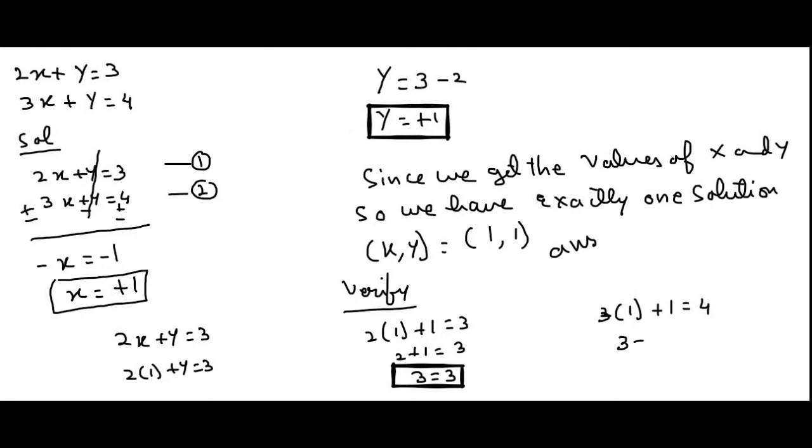So 3 plus 1 is equal to 4, so 4 is equal to 4. Hence both the equations are verified. So 1 and 1 is the answer. Hence there is exactly one solution for the given set of linear equations.